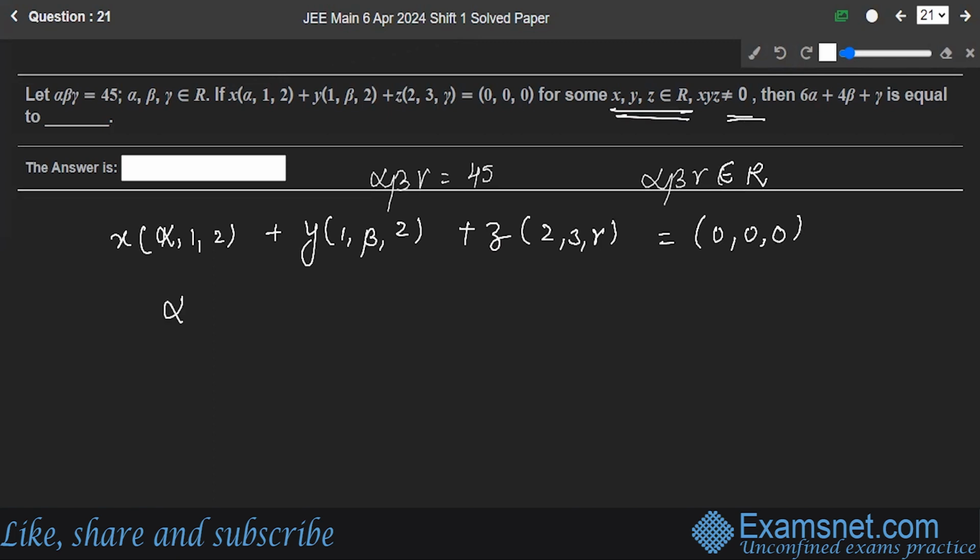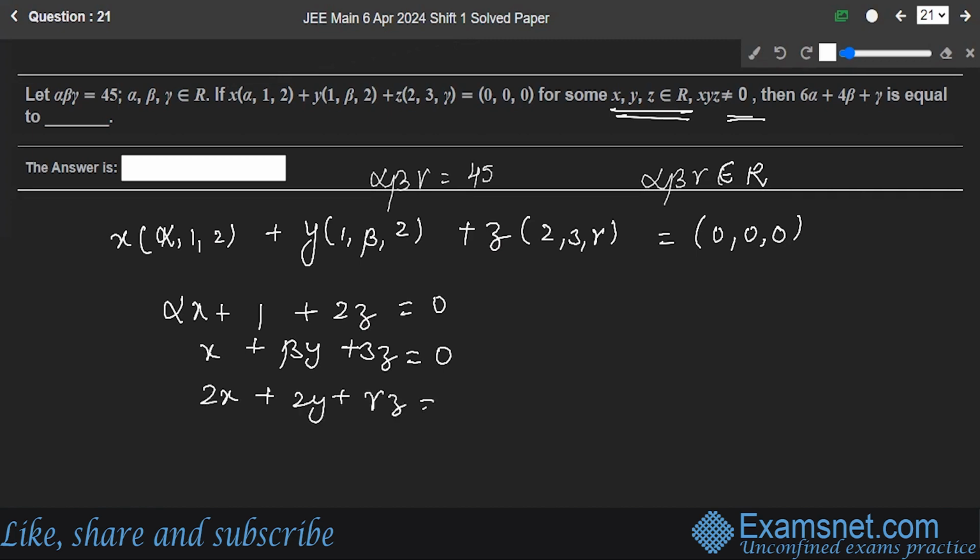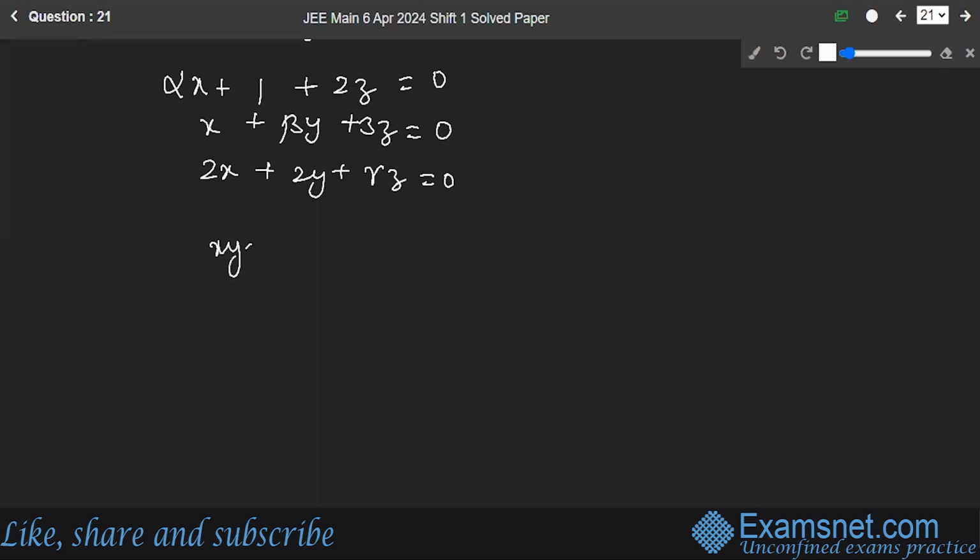So changing them in the equation form, you can write down alpha x plus y plus 2z is equal to 0, x plus beta y plus 3z is equal to 0, and 2x plus 2y plus gamma z is equal to 0. In the question, you are given that the product of x, y, and z is not equal to 0. That means it's having a non-trivial solution.